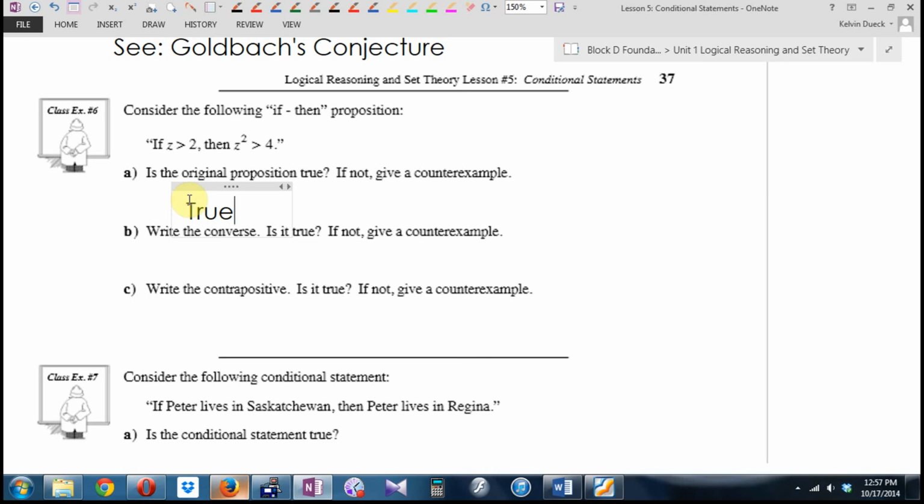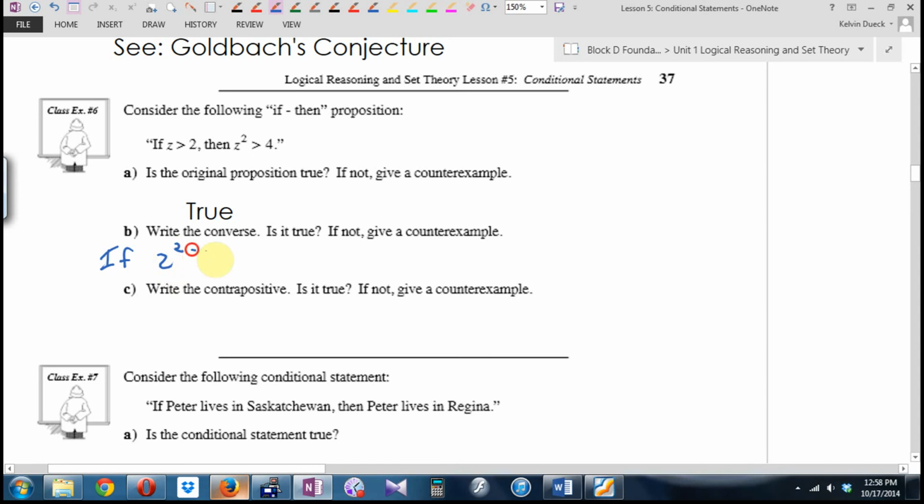Write the converse. Flip the if and the then. So what's the converse? If z squared is bigger than 4, then z is bigger than 2.